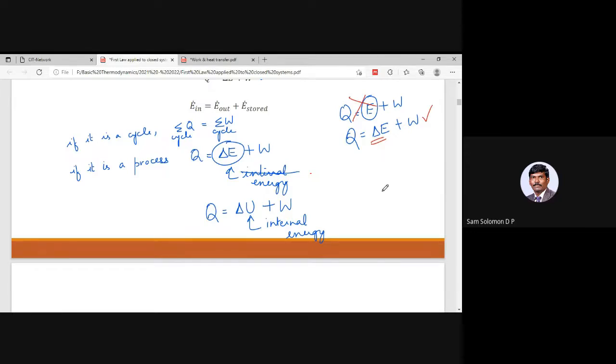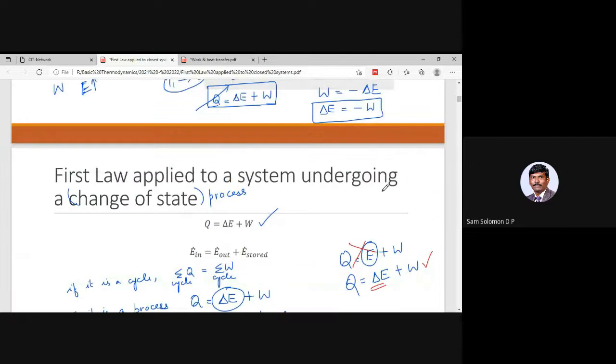Okay, I'll tell you. So it's the change in internal energy, sir. Yeah, it's change in internal energy. Why should we call it change in internal energy? That is my question. I didn't say change in heat. I didn't say change in work.